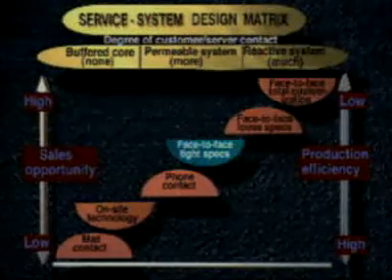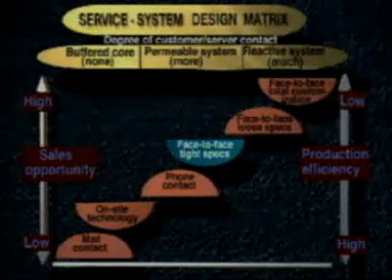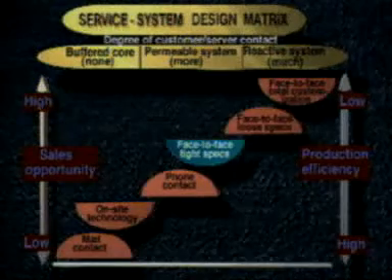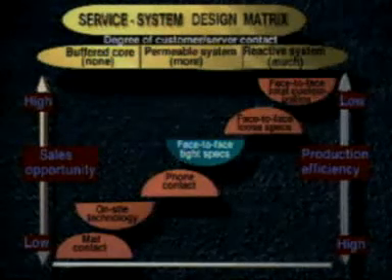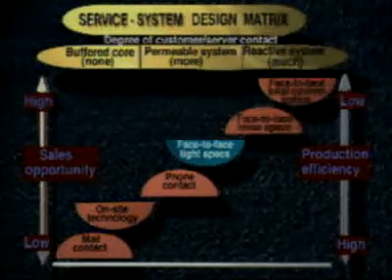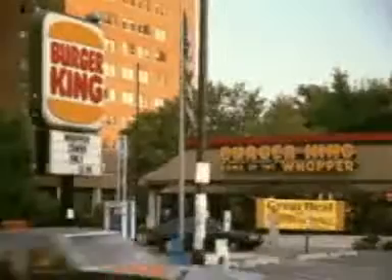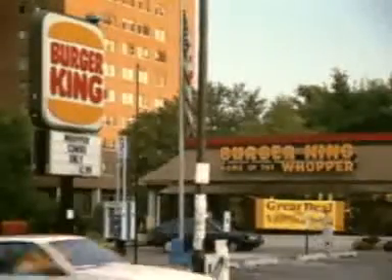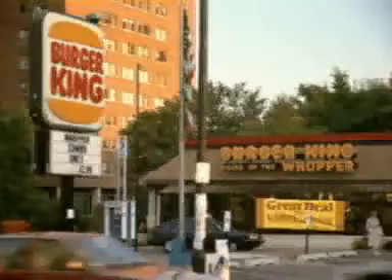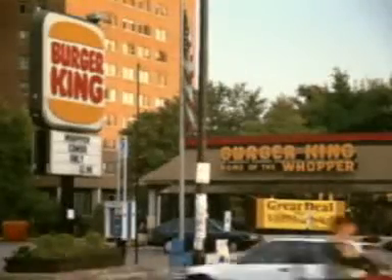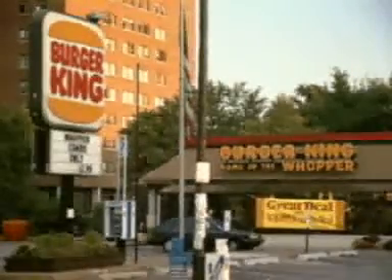Face-to-face tight specs refers to those situations where the service process has very tight specifications, or there is little variation in the process. An example of this would be a fast food restaurant, where neither the customer or the server has much discretion in creating the service.